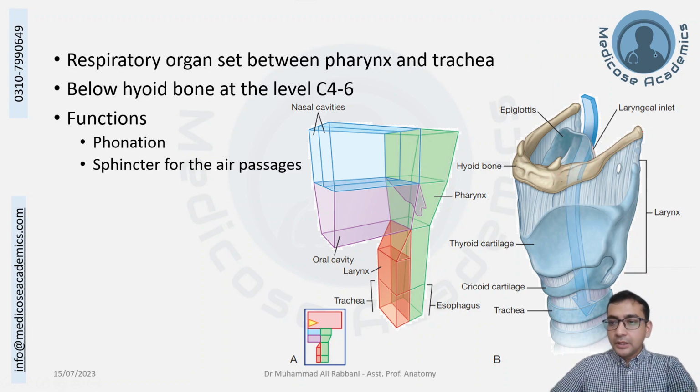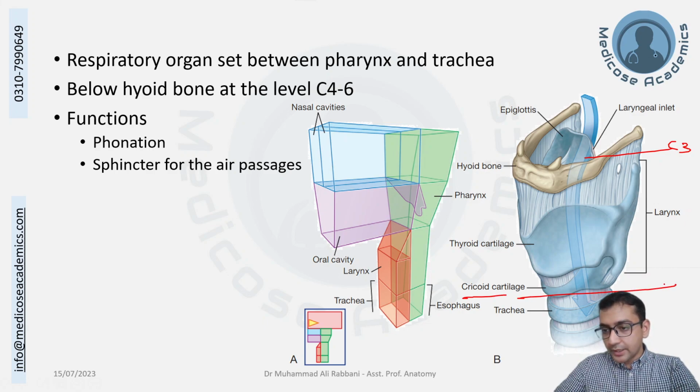The hyoid bone, in this picture which is not exactly the anatomical position but a picture a little from above, when you're looking horizontally, is roughly at the level of C3. That is the level of the epiglottis also. Below, the cricoid cartilage is lower, at the level of C6.